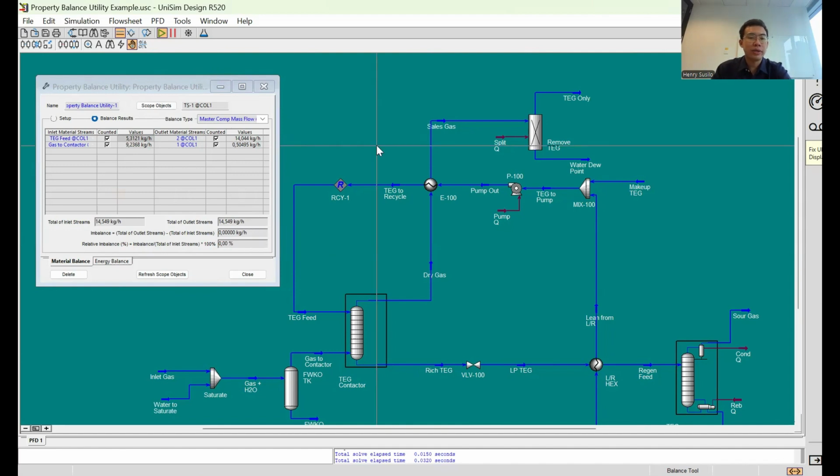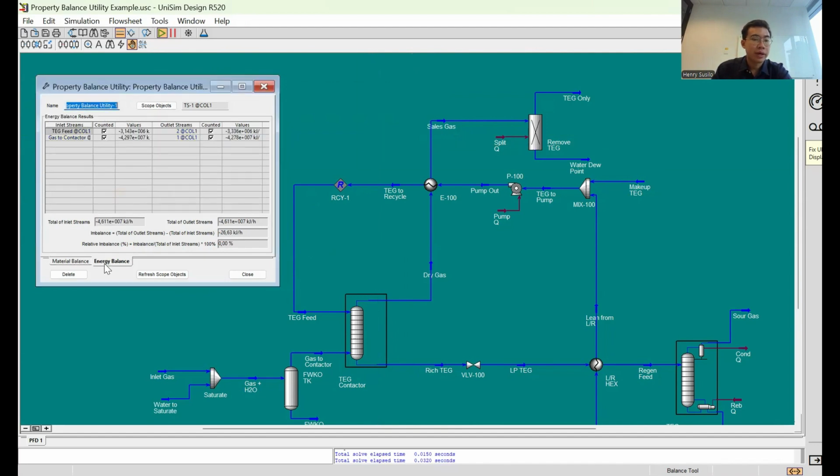Another thing that we can do is observe the balance of energy stream as well. By looking at the energy balance, we could see that the energy is also conserved between the inlet and outlet. Since we only select the absorber, what we have here is only the enthalpy of each inlet and outlet stream.